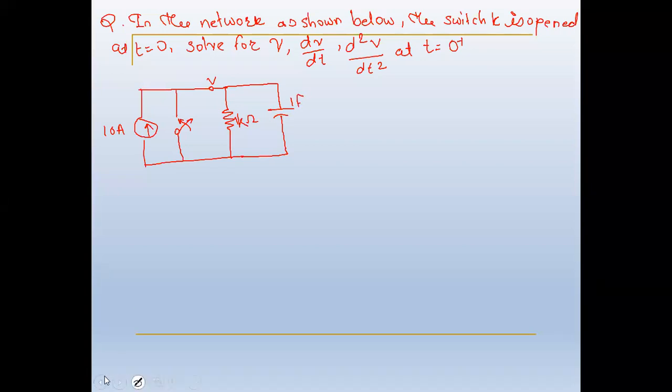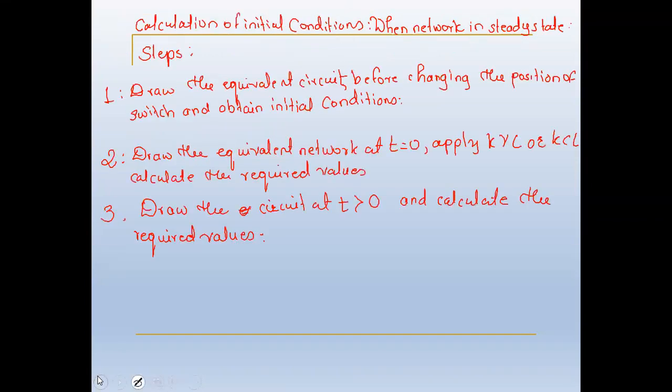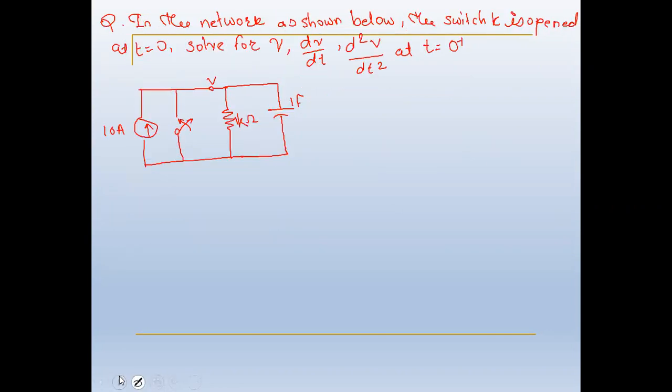So as per our discussion, we have the stages. First step, draw the equivalent circuit before changing the position of switch and obtain the initial conditions. So let us start with step 1.